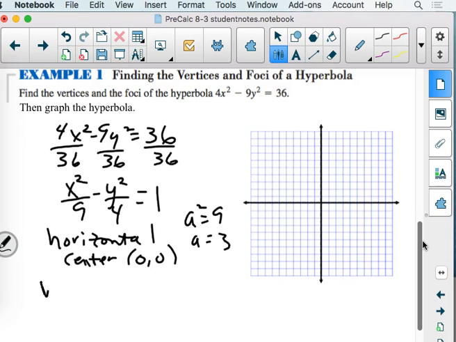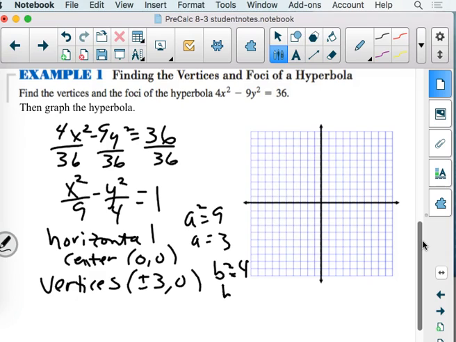So my vertices, and you could certainly do plus or minus 3, 0. I want to write that shorthand. And then, if I'm going to graph it, I'm also going to need to know what B is. So what's B squared? 4.